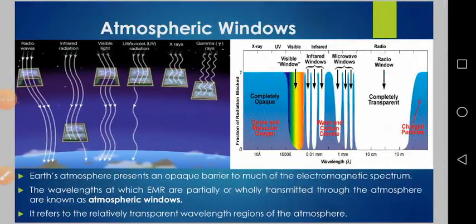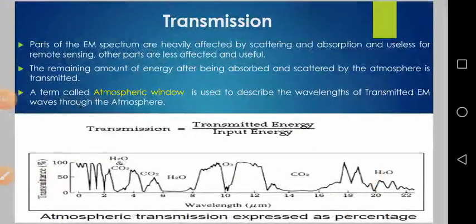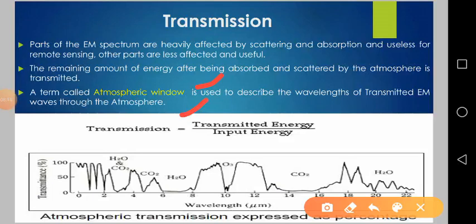Now, the atmospheric windows. The term atmospheric window is used to describe the wavelengths of electromagnetic waves transmitted through the atmosphere. So we must know regarding the atmospheric window.